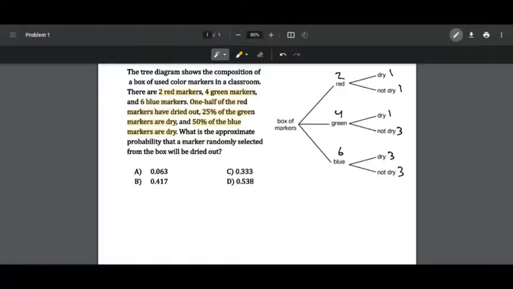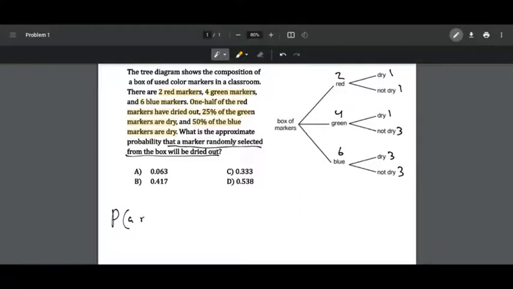What is the approximate probability that a marker randomly selected from the box will be dried out? A. 0.063, B. 0.417, C. 0.333, D. 0.538. So they're asking us the probability of a marker randomly selected from the box will be dried out. So let's write it here.